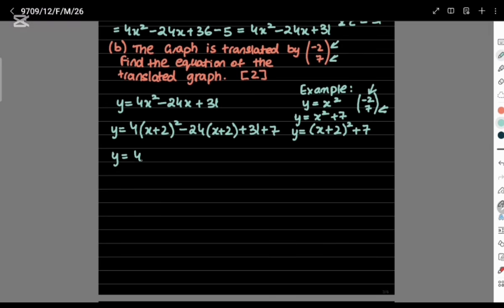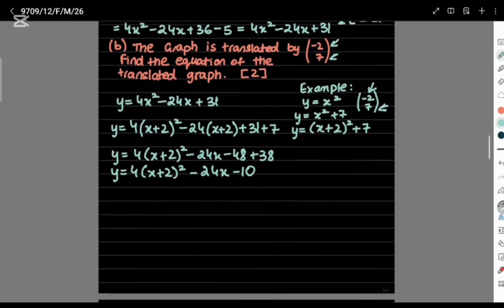Now y is equal to 4 into x plus 2 whole squared minus 24x minus 48 plus 38, which is minus 10.